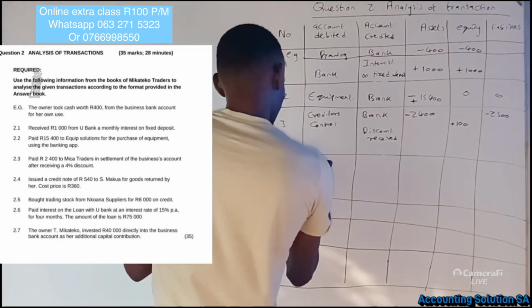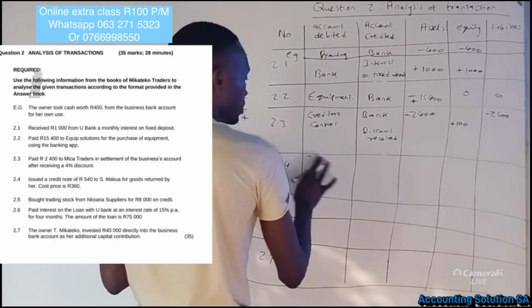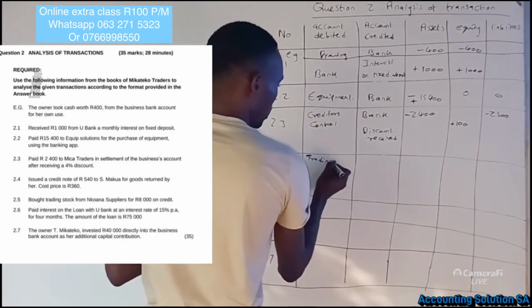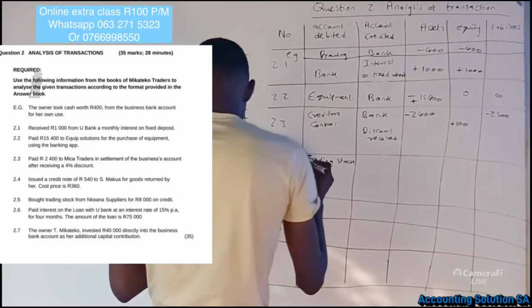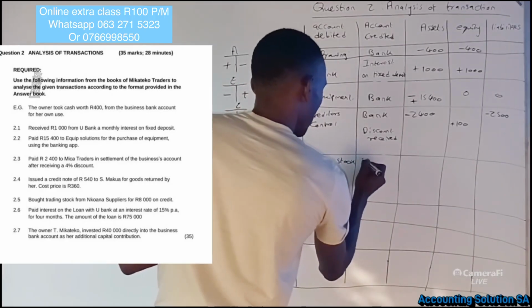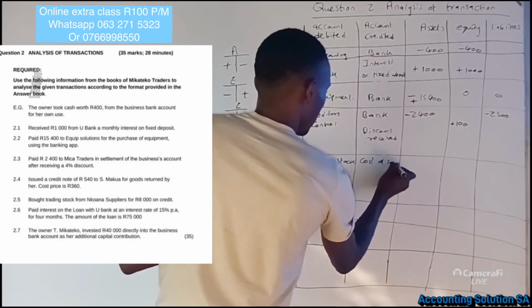On the first one, inventories come back because the customer has returned them, which means that our asset is going to increase because trading stock comes back. Our asset is increasing, and we debit. What do we credit? We credit cost of sales. It's like we are returning cost of sales.